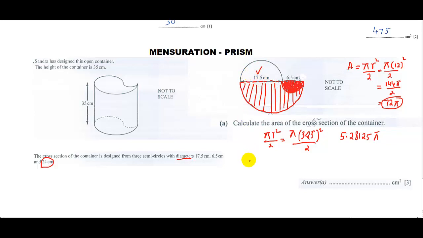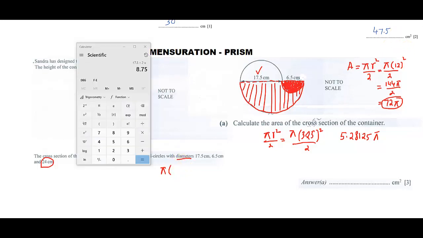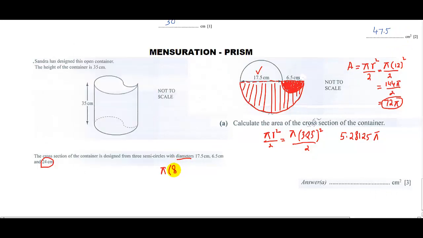Okay, so the area of this semicircle will be pi r square over 2 again, and r is 17.5 over 2. It is 8.75 whole square over 2. This 2 is basically because we are dividing the area of the circle.